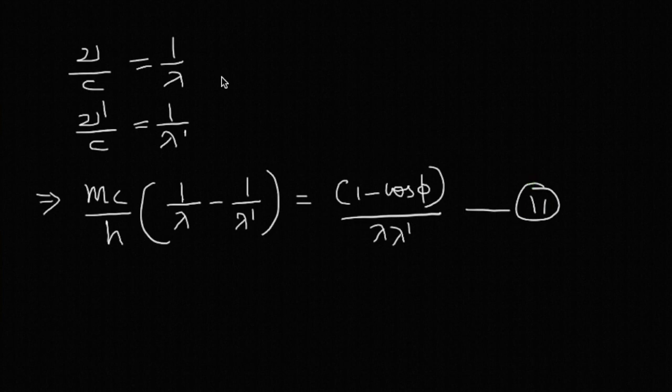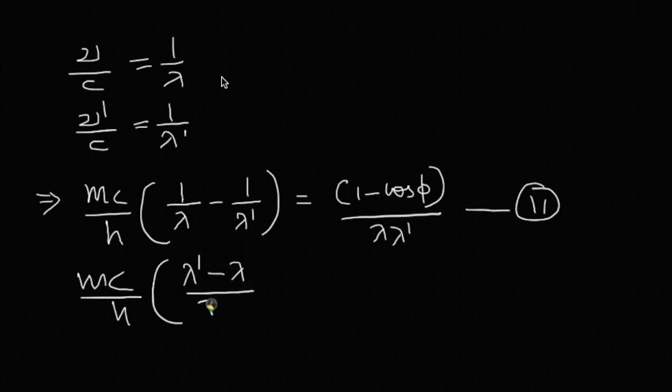Now simplifying the expression in this bracket, we get mc by h into lambda prime minus lambda by lambda into lambda prime, that's equal to 1 minus cos phi by lambda into lambda prime.